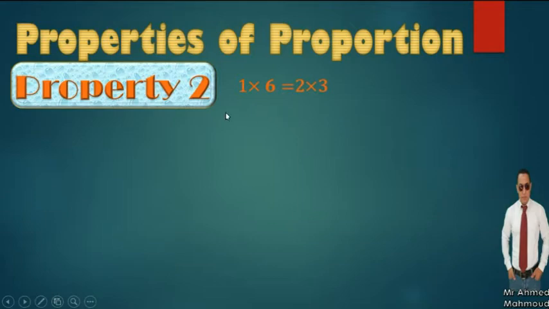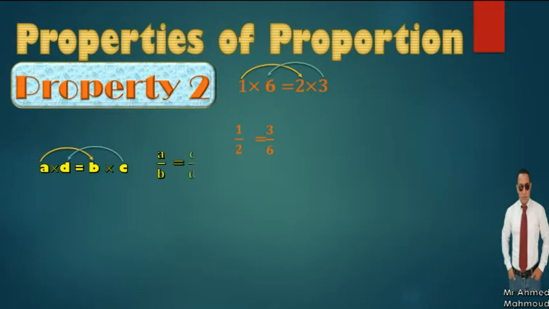If I divide 1 by 2, 1 divided by 2 equals half, and the opposite, 3 over 6, is also half, then 1 over 2 equals 3 over 6. Okay, this is the property. If I have A times D equals B times C, then A over B equals C over D, like this. And this is the second property.